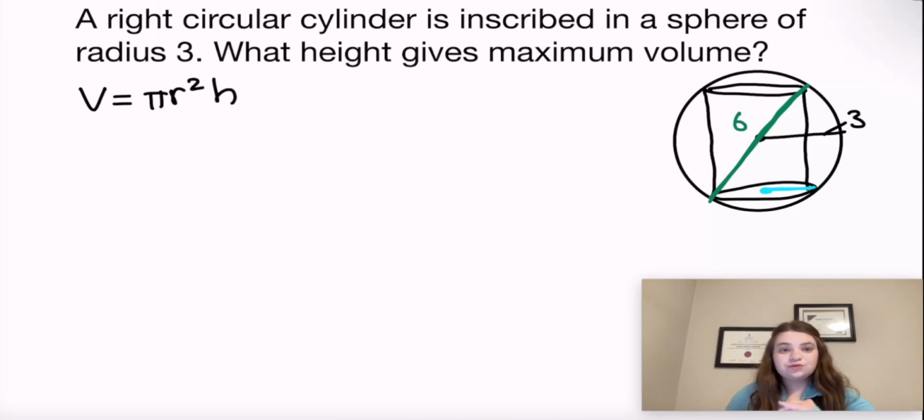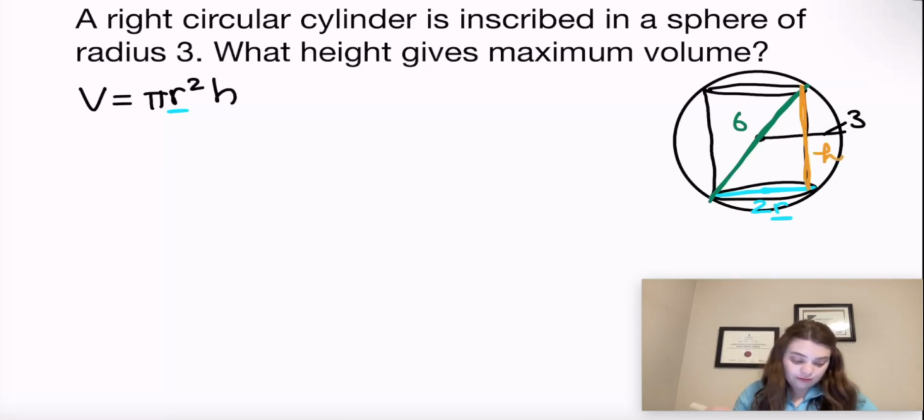And because this is a right circular cylinder, we can use Pythagoras' theorem. We know that this distance here is the diameter, or 2r, and this r is the same as the r I'm referring to here, and then the height, which we also don't know.